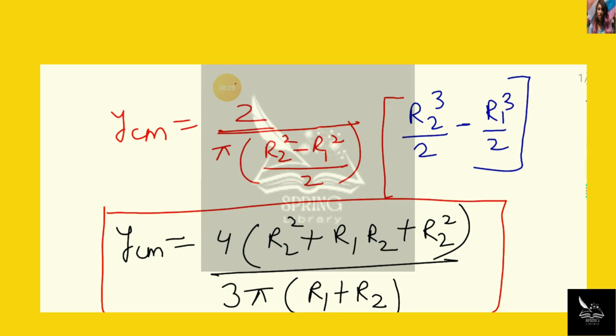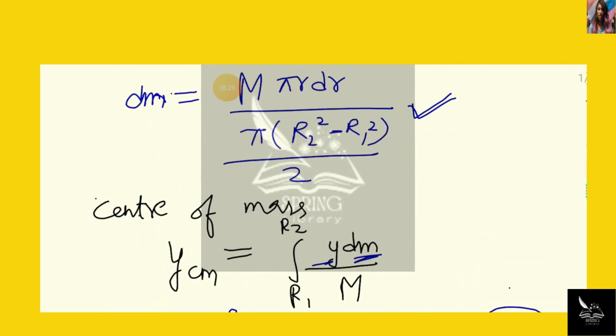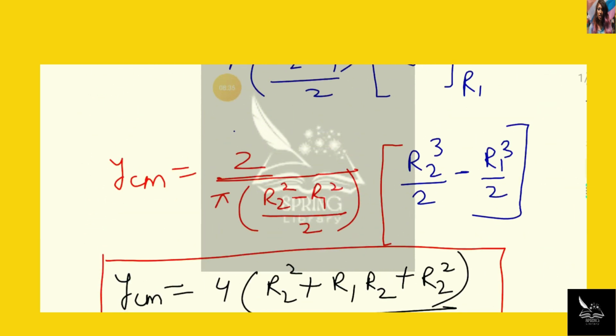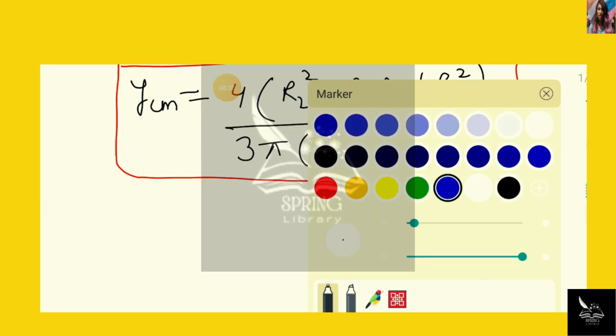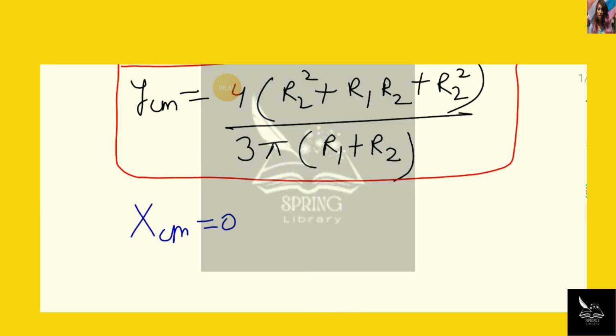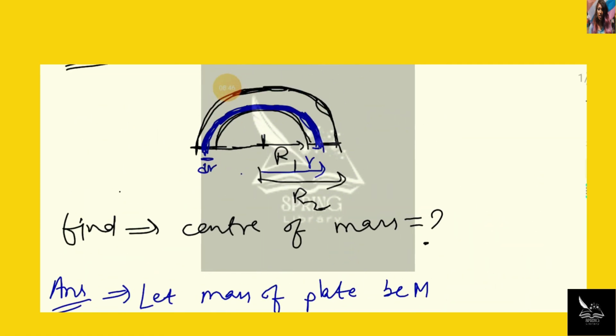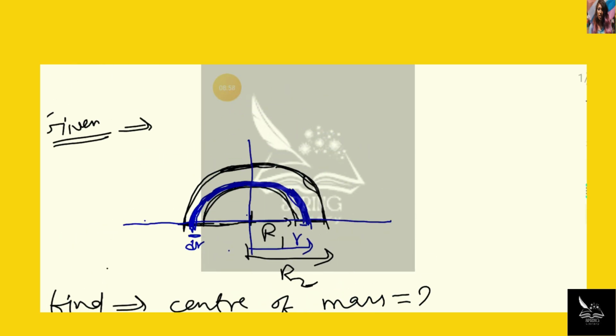I have got the y coordinate of center of mass here, and you also understand that the x coordinate of center of mass is 0. If I consider the center as the origin of the 2D coordinate system, then the center of mass of this uniform body will lie on the y axis.